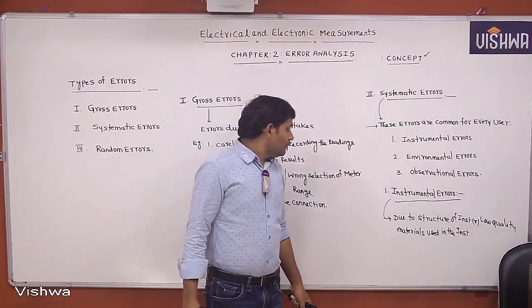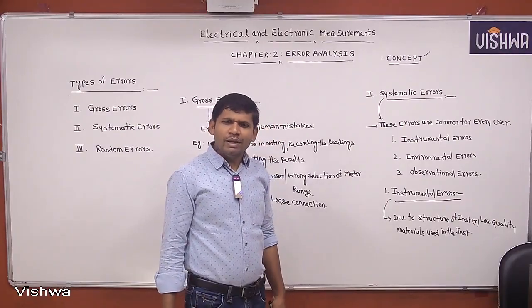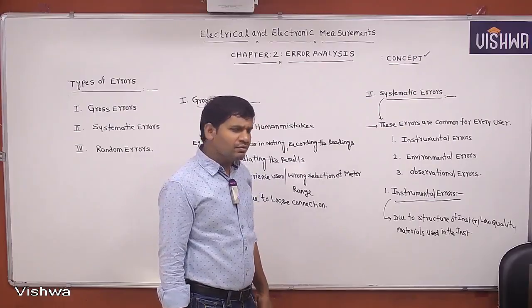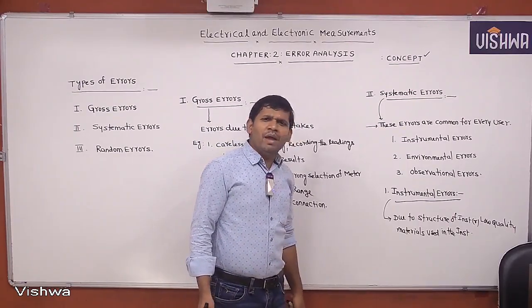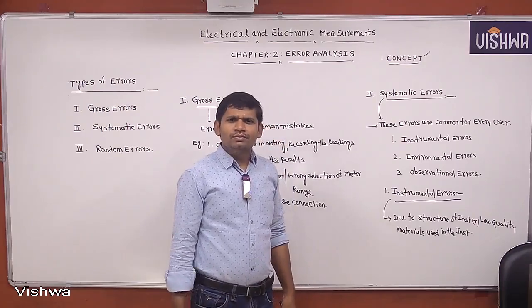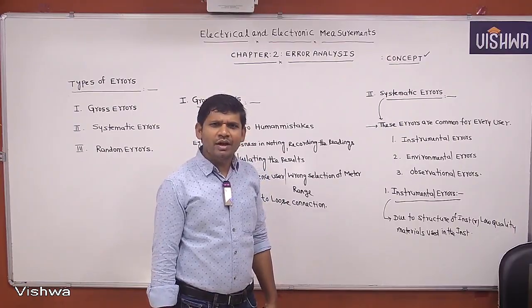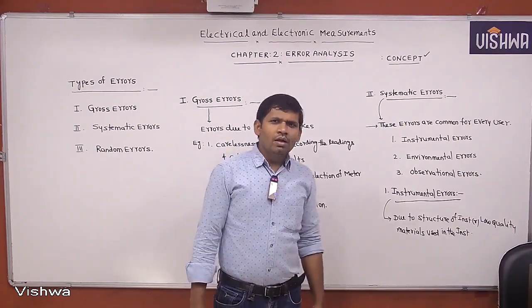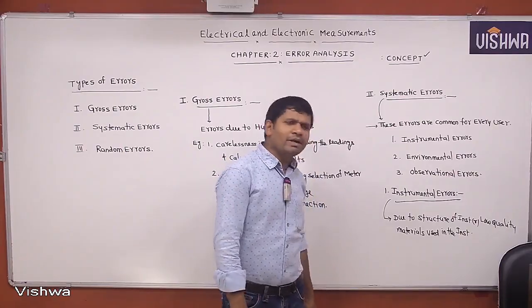Then what are the different types of instrumental errors? Many types of instrumental errors are there. These errors may occur due to inherent shortcomings. Error due to aging effect also comes under instrumental error.